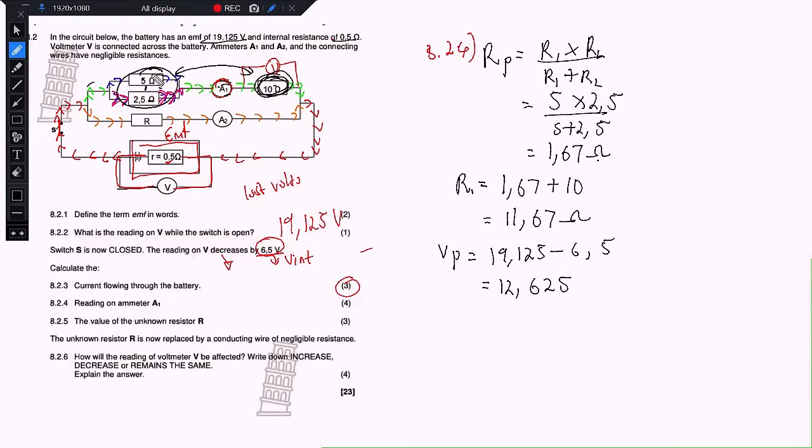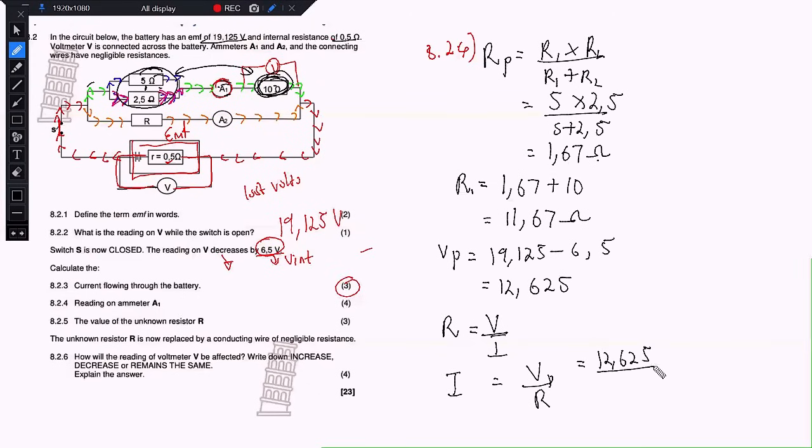Right? And then note that everything in here that we got is actually connected in parallel, right? So to calculate the current over there, we say R is equal to V over I, then I is equal to V over R, the V parallel over the resistance over there.